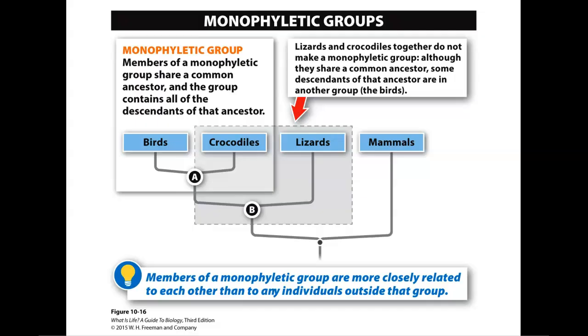But birds and crocodiles and lizards all taken together do compose a monophyletic group by virtue of all three sharing a common ancestor at node B. Similarly, birds and crocodiles and lizards and mammals also will compose a monophyletic group when you're looking at larger groups. But here, if you're looking at node A, birds and crocodiles will be the more closely related.